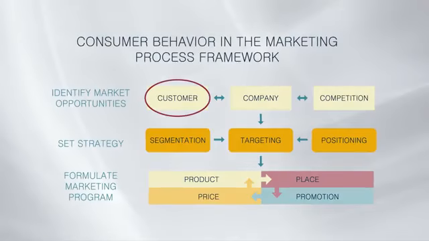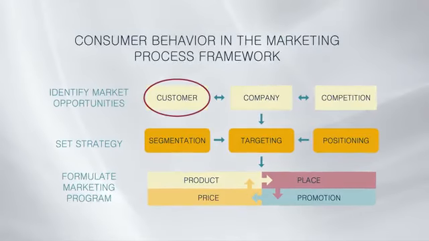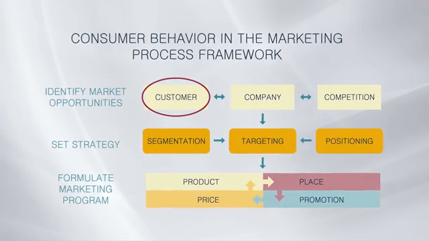So let us just dig immediately into why we even study consumer behavior. If we look at the marketing decision process, it has mainly three components. First is identifying the market opportunities. Second is setting the strategy, and the third is setting the marketing mix.